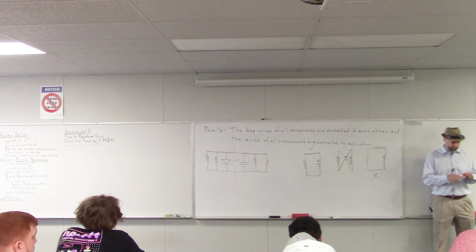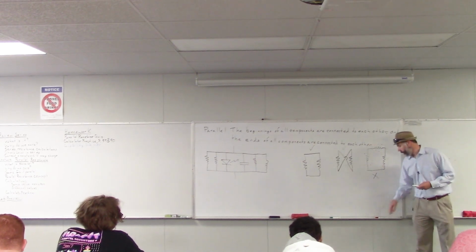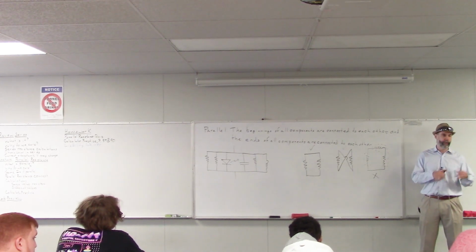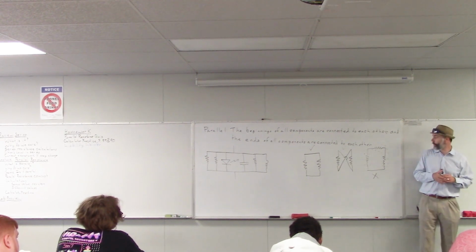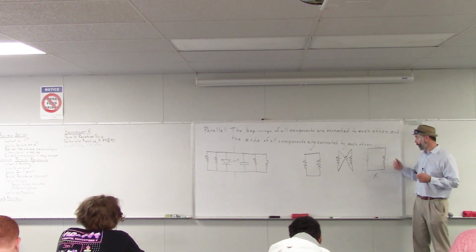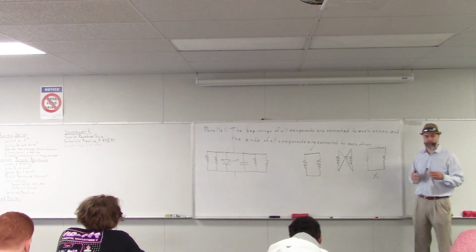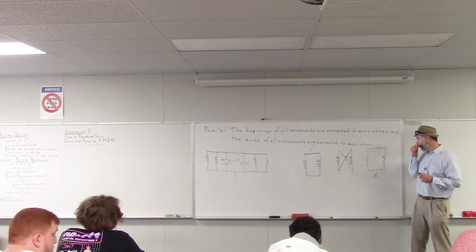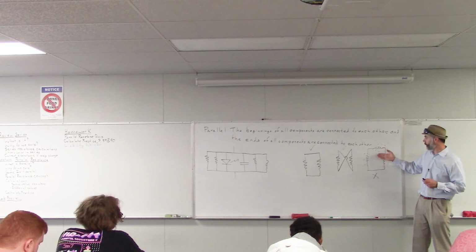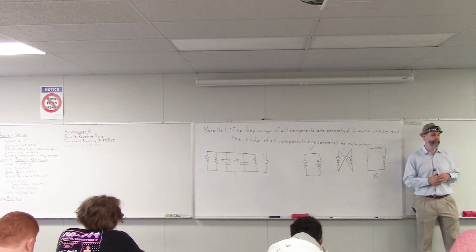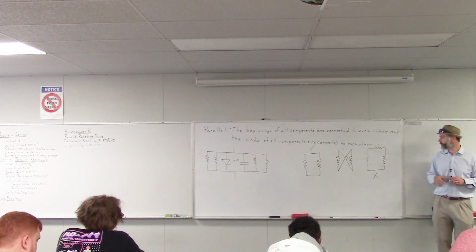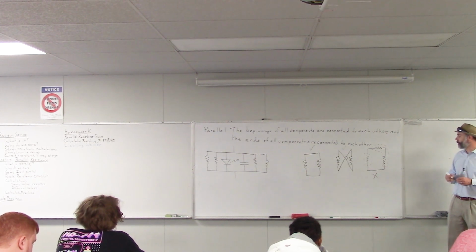Yeah, and we'll be talking more about that sort of rearranging in a couple days, when we start talking about series and parallel circuits. But altogether, you could not say that all three of these resistors are in parallel. Okay? Let's see, what else?